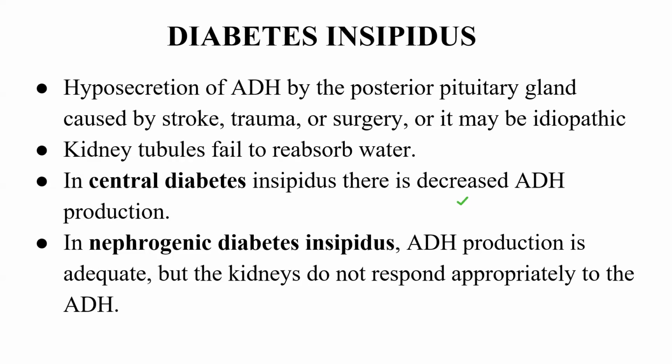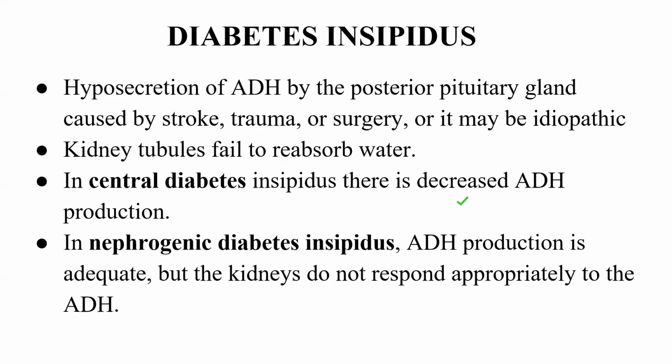So the kidney tubules fail to reabsorb water. In central diabetes insipidus, there is decreased antidiuretic hormone production. The function of this antidiuretic hormone is to help reabsorb water back into the system. So when there is low production of the antidiuretic hormone, what happens?